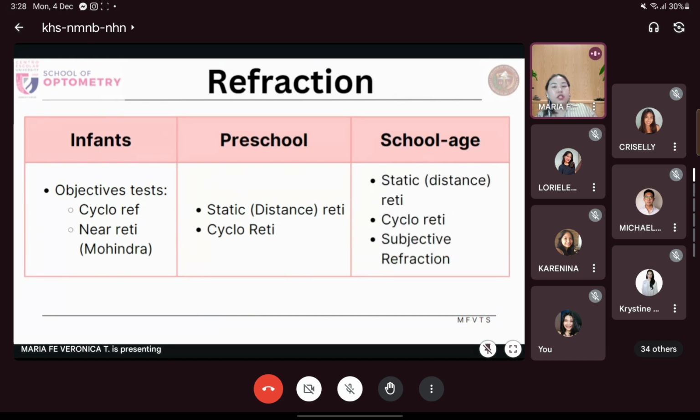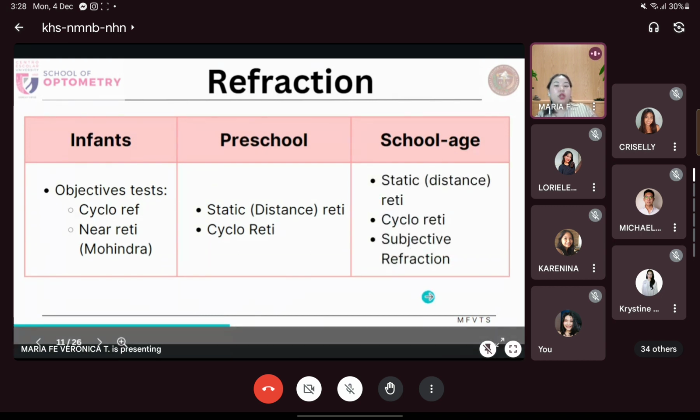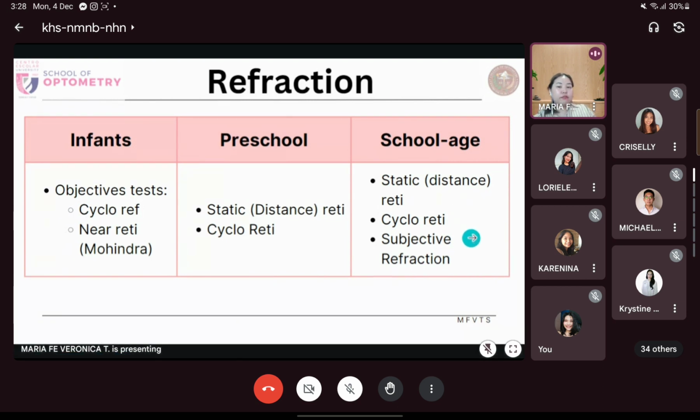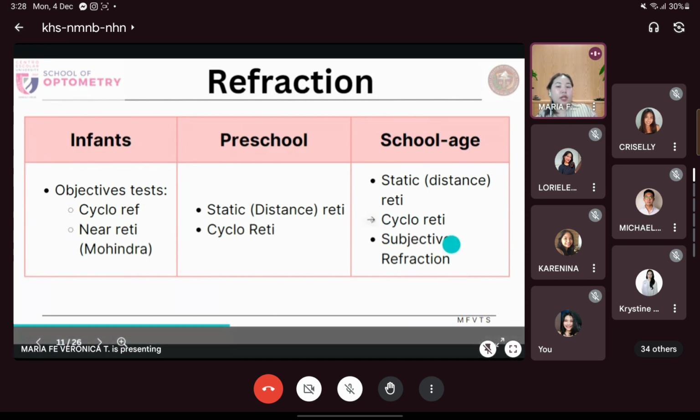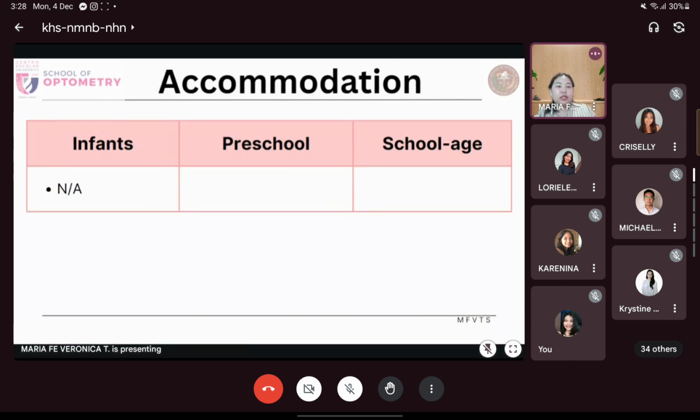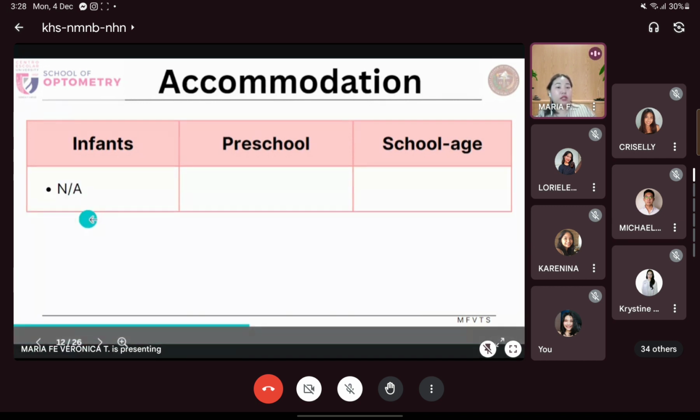For school age, syempre mas marami ka ng options. You can use static retinoscopy, cycloretinoscopy, or if verbally communicative na siya, or sa tingin mo responsive na rin naman siya sa questions mo, you can also use subjective refraction. Siyempre, for accommodation, you cannot still do it for infants.